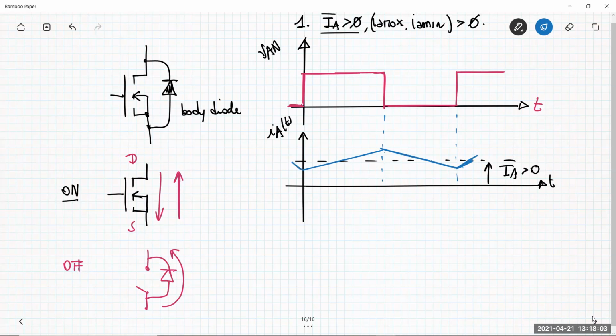Okay, so this is the IA maximum, IA minimum. They are both positive. So let's see what happens in our circuit, with particular reference to understanding which are the devices in the switching power pole that conduct the current.